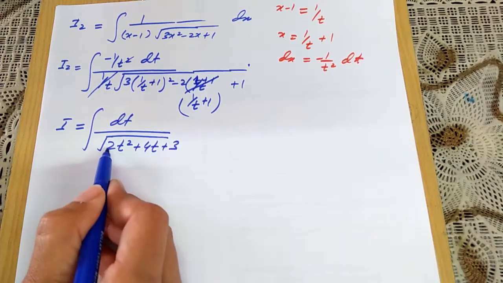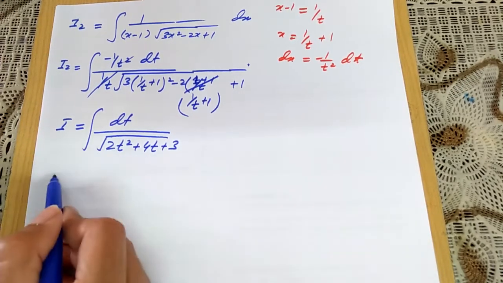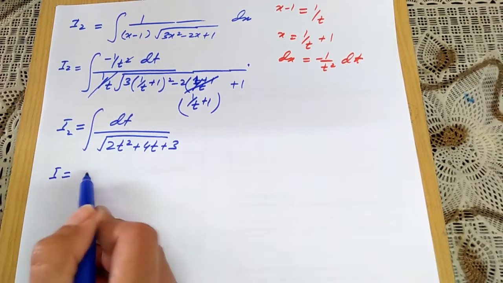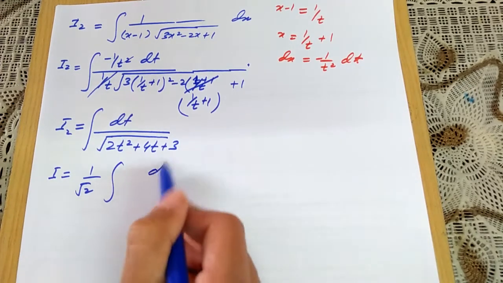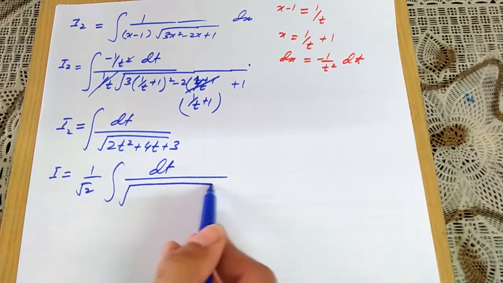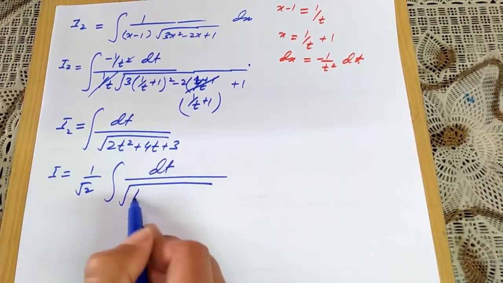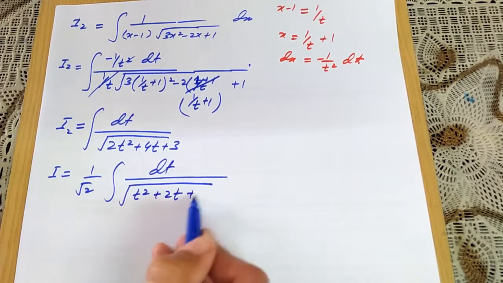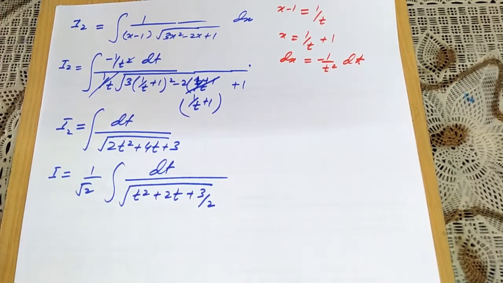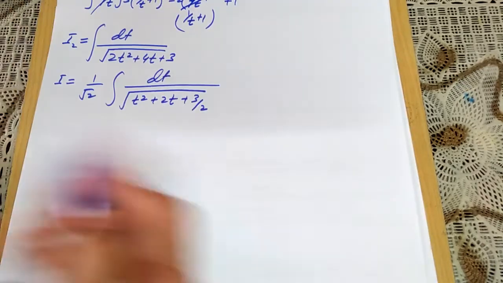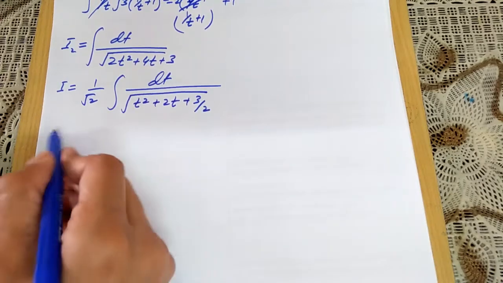Now make the coefficient of t square 1, take this 2 outside. So I2 will be equals to 1 over under root 2 dt over under root, this will become t square plus 2t plus 3 over 2. Now use the completing square method here, that is repeatedly discussed in the previous parts as well.